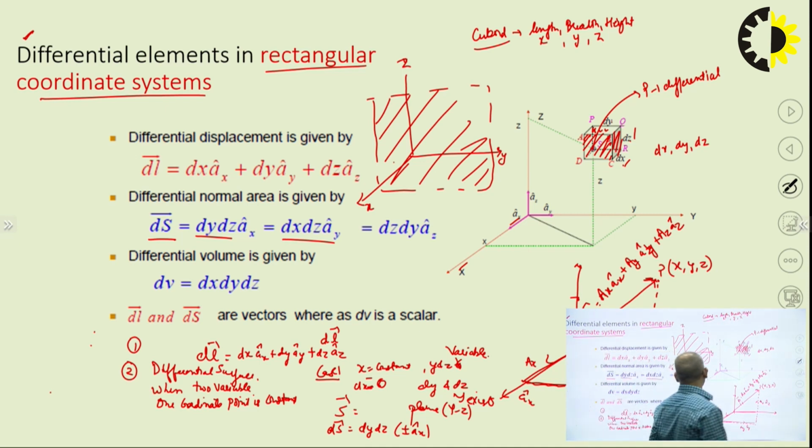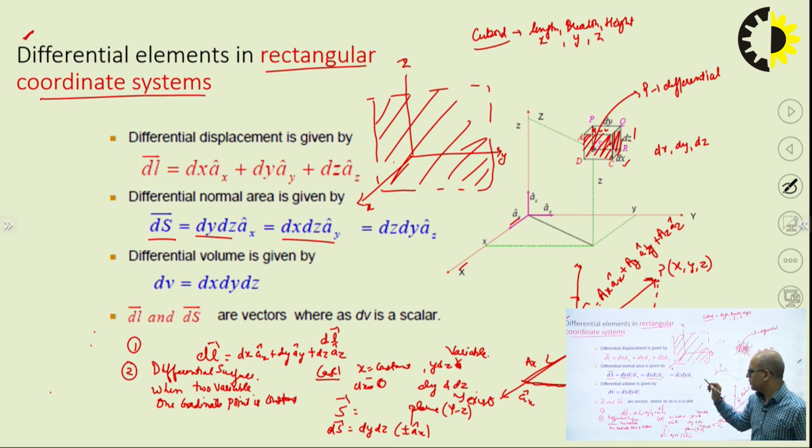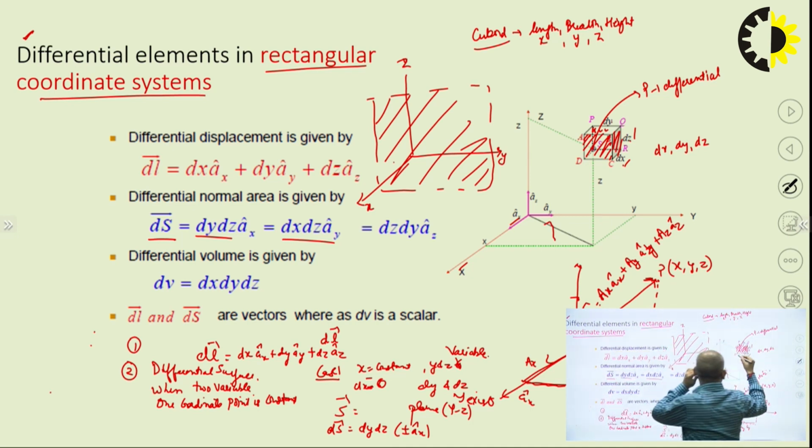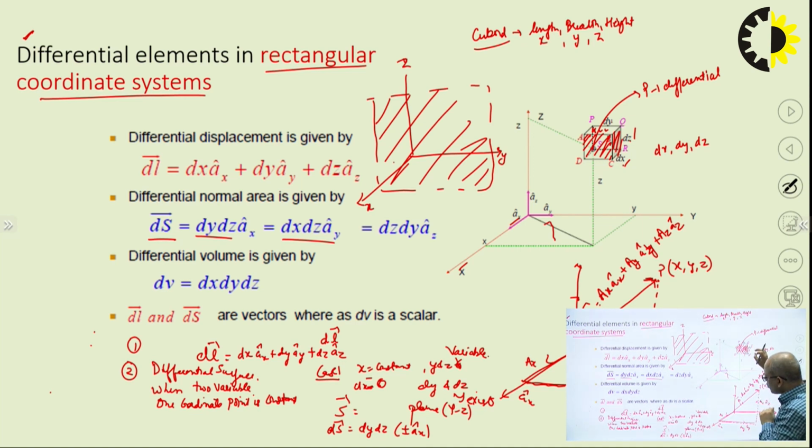For the third case, when z is constant and x and y are the variables, the differential surface vector, meaning the smaller surface area of the differential cuboid, will be equal to dx into dy a cap z, and this a cap z can be plus or minus, this a cap y can be plus or minus.